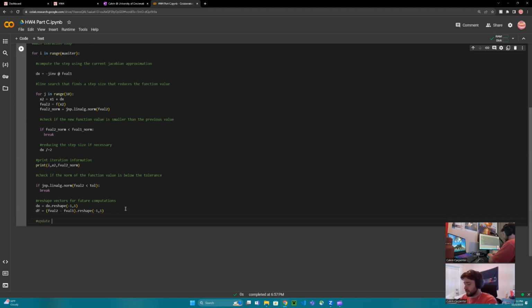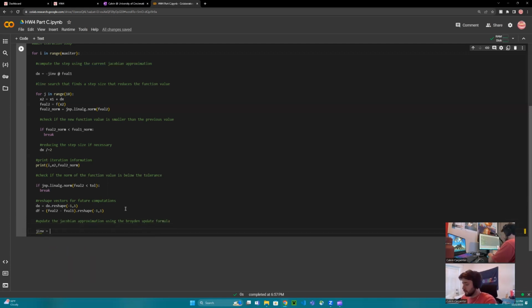Now we're going to update the Jacobian approximation using, not Jacobian, Broyden update formula. JINV is equal to JINV plus dx minus JINV vector multiplied with df.